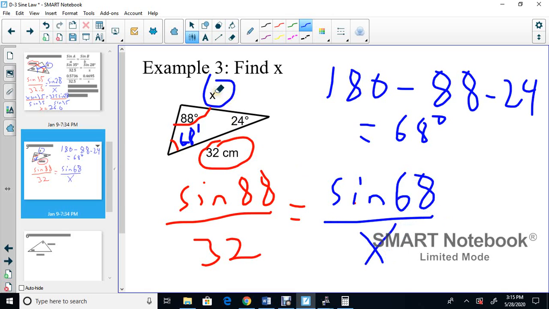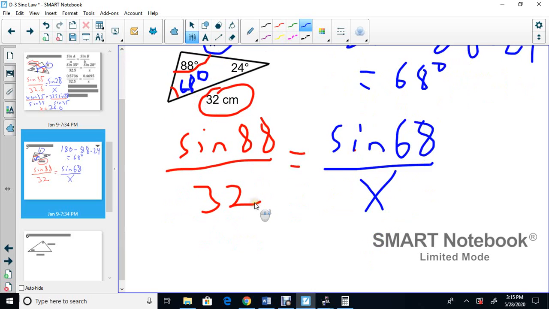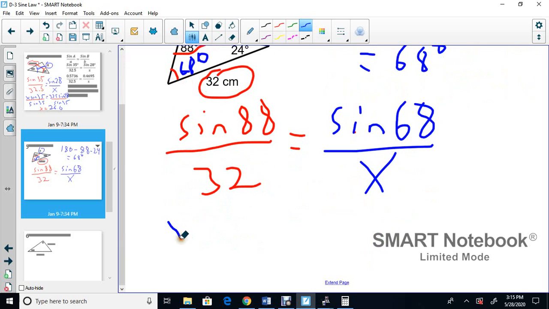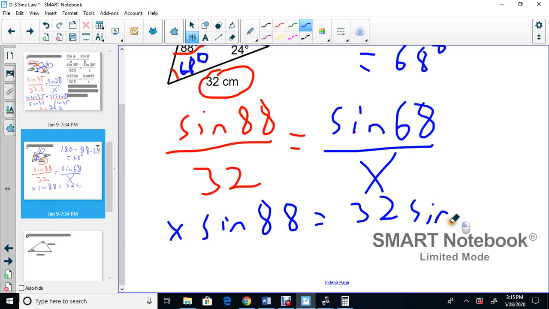Now we cross multiply. So we get x sine of 88 equals 32 sine of 68.